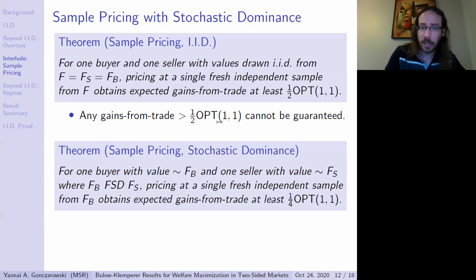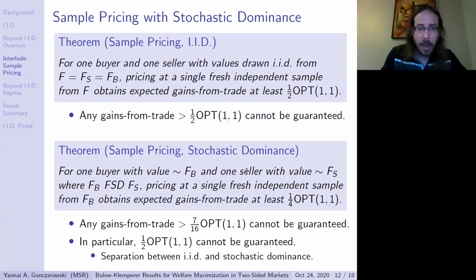We do get a qualitative result for stochastic dominance. If for one buyer with value distributed according to FB and one seller according to FS, where there is stochastic dominance, pricing at a single fresh independent sample from FB obtains expected gains from trade at least 1/4 of the optimal, so it's qualitatively still a constant.